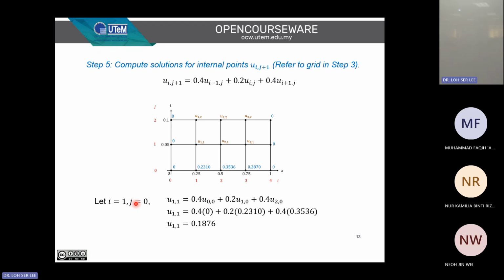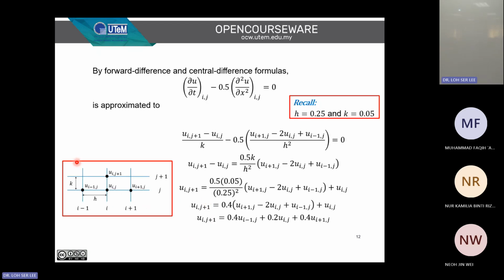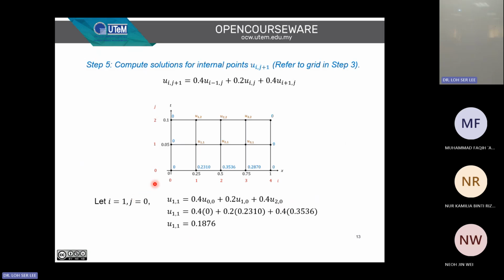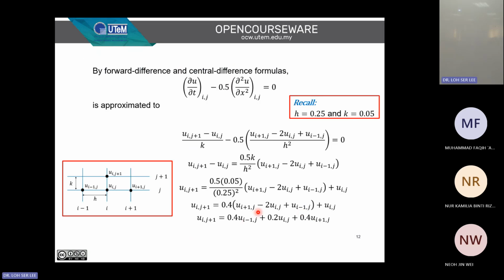Okay, so actually without this 1 and 0, if you know the sequence of this, basically you can substitute the values of 0 into the first one, this 0.2310 into the second one, and this one into the third one. This one, 1, 2, 3, because you have already arranged all the U in the order that you want.